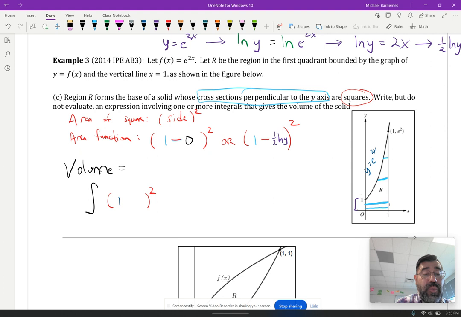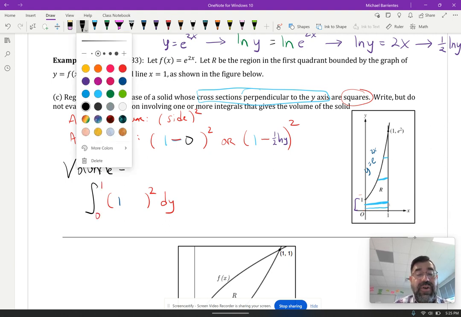I guess I can just say 1. I don't even need to say 1 squared, but I want to leave it as 1. dy, because everything's perpendicular y, and this is the reminder that I need y values here. So y values starting at 0 and going to 1.